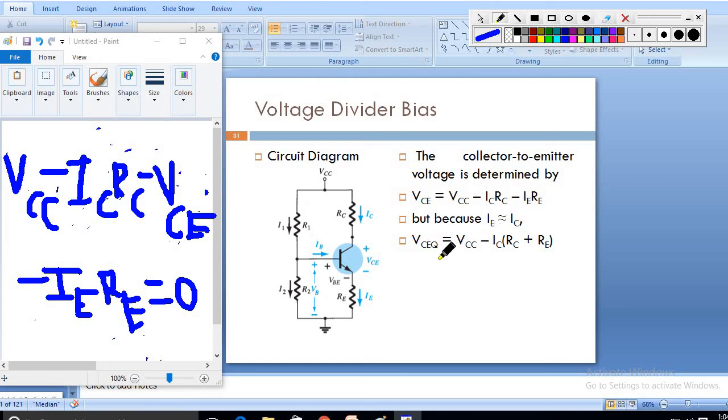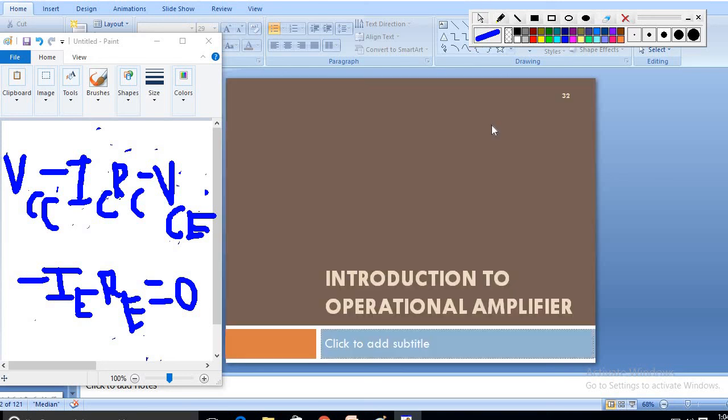But because IE is equal to IC, I am replacing IE with IC. So the equation looks like this: VCE equals VCC minus IC into (RC plus RE). This is the output side equation.